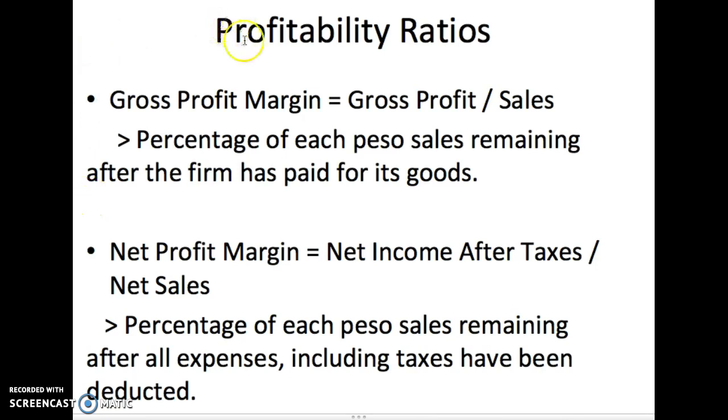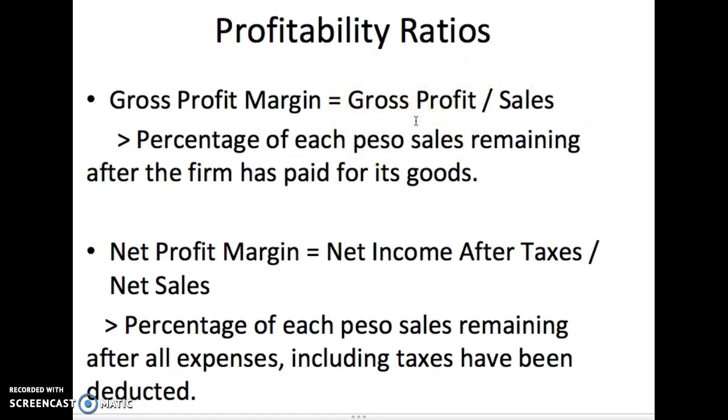Now we proceed with profitability ratios, the last set of ratios in the financial statement analysis. First, we have gross profit margin. And the label for this one would be percentage. That's just gross profit divided by sales. I hope you still remember what gross profit is.